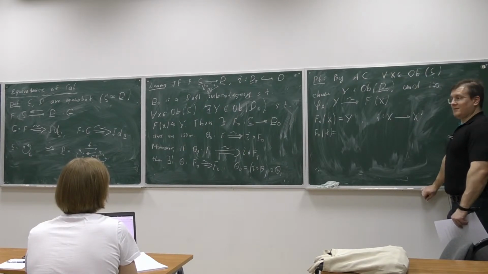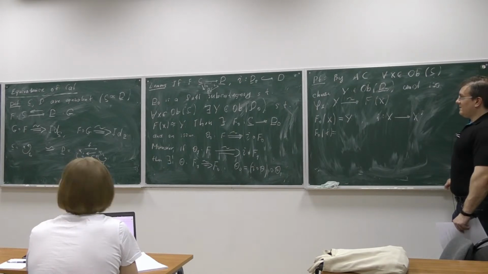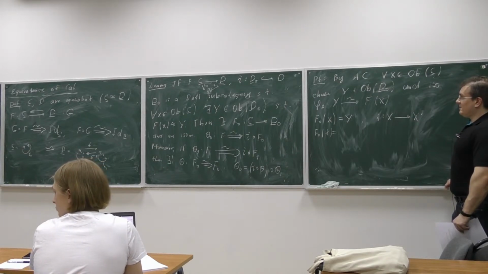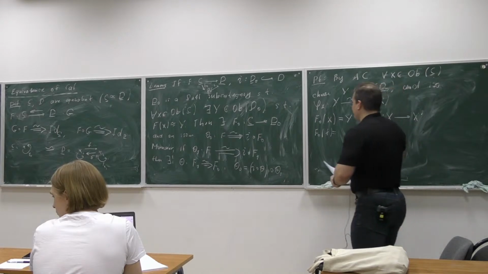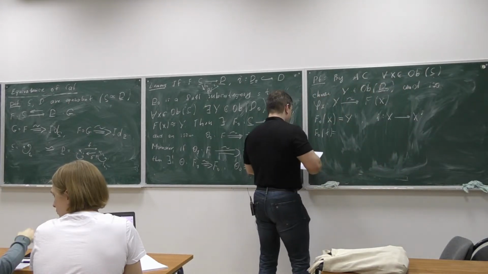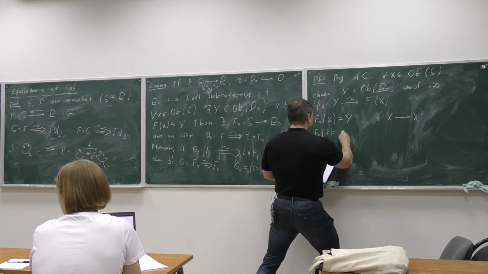Of what? Well, we take y, we take phi x, then f of f, and then phi x prime inverse. Yeah, so this is the following composition, as was correctly suggested.